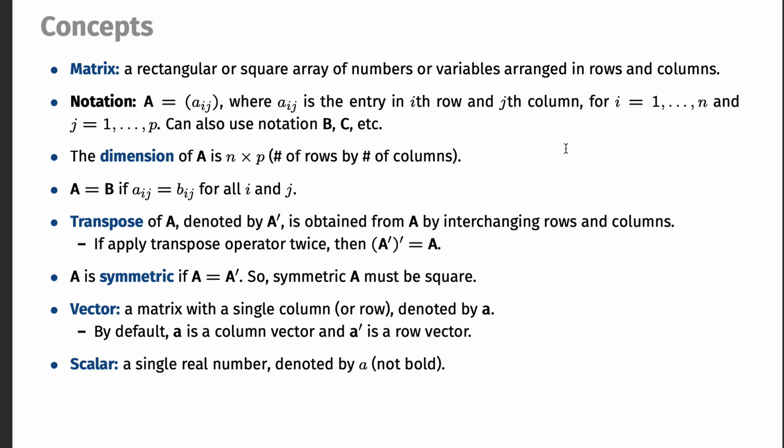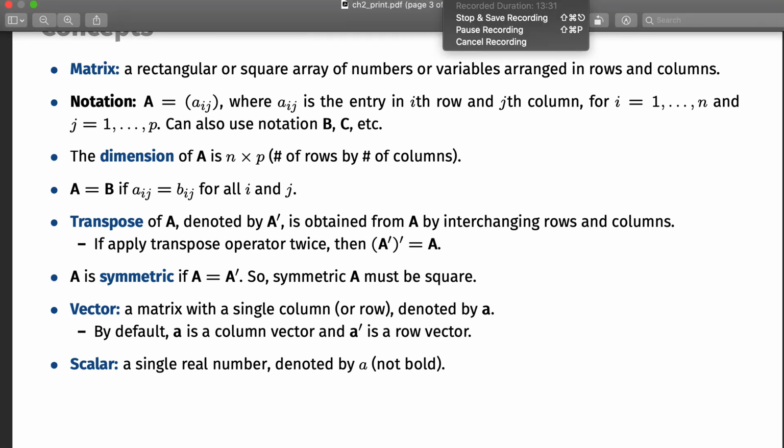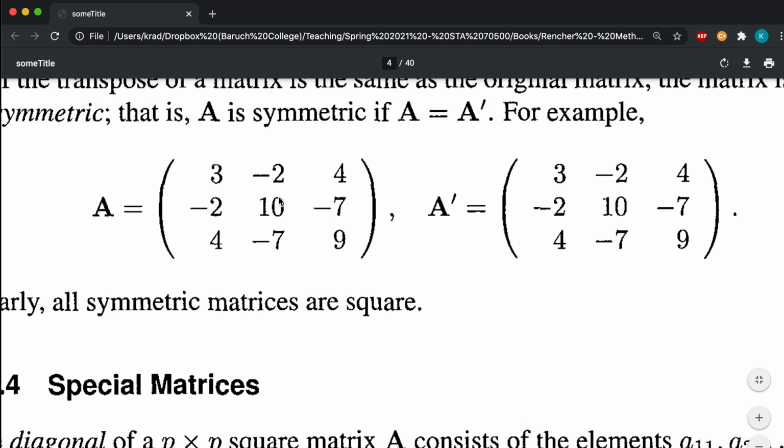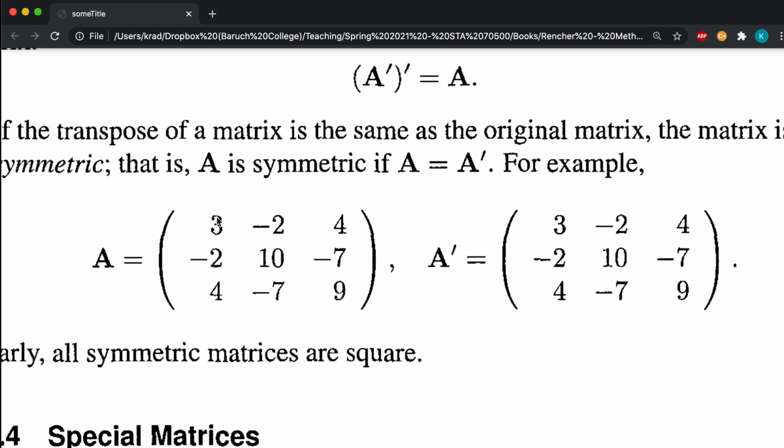Let's look at an example. Here we have a matrix, it's square, and it's symmetric. Essentially what it means is that the off diagonal terms, so everything along the diagonal, is symmetric.